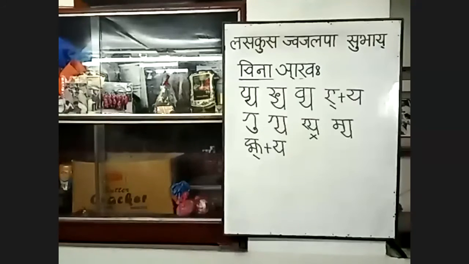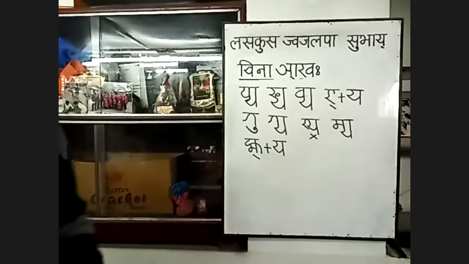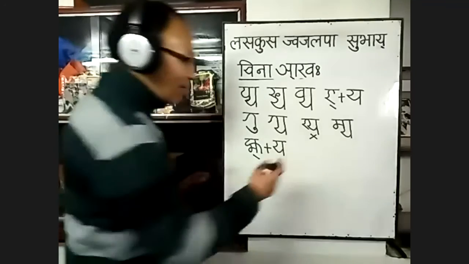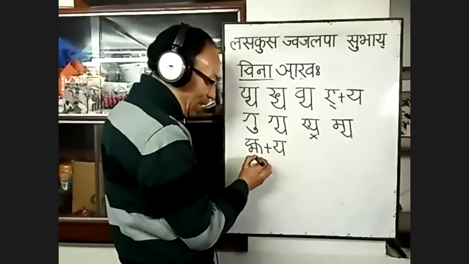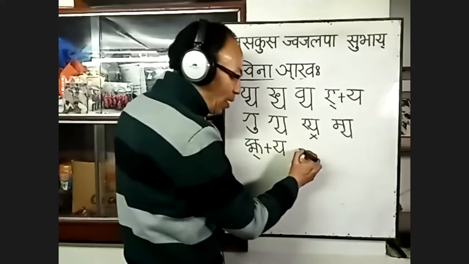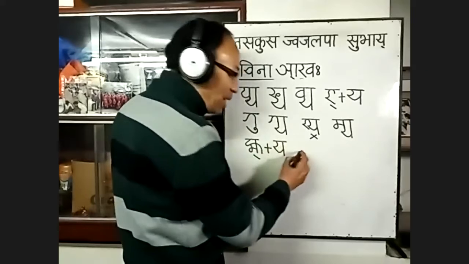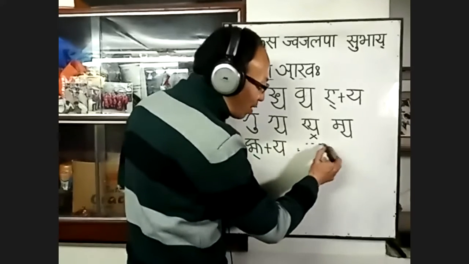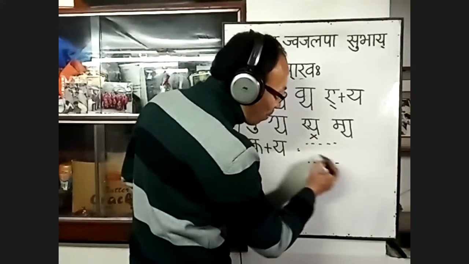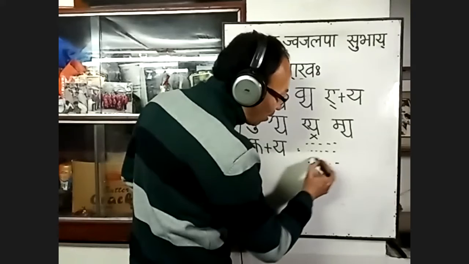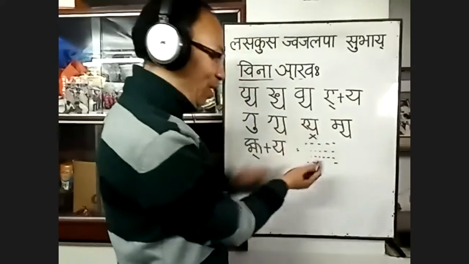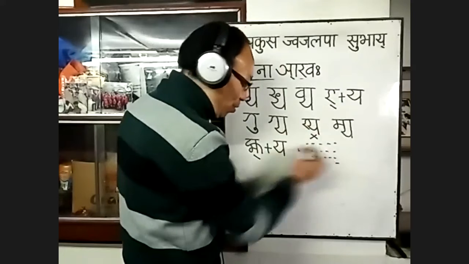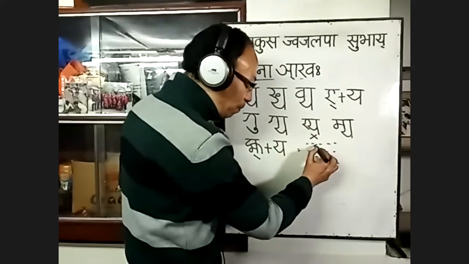Okay, let me write it again. So when we add yo to this letter, now it has 3 letters to be combined. So let's divide our line into 3 parts. Okay, it is not equally shaped, but first we write the ha.